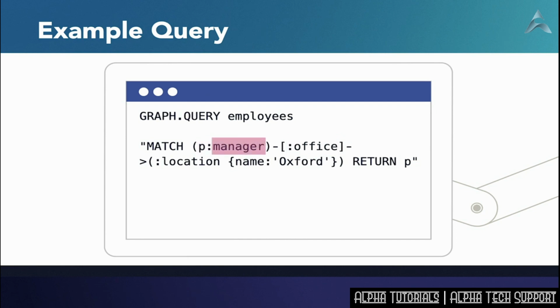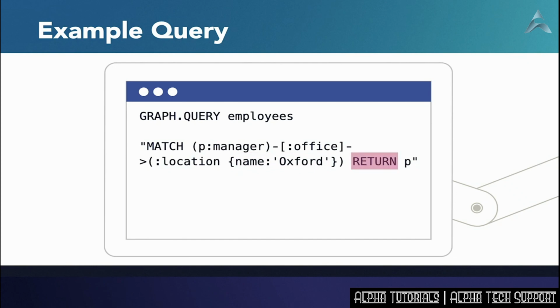Manager is a label under which this node is marked. Office is the relationship type, and the type of the destination node is location. Inside these curly brackets are the filters for the destination node. In this case, we require the name of the destination node to exactly match Oxford.